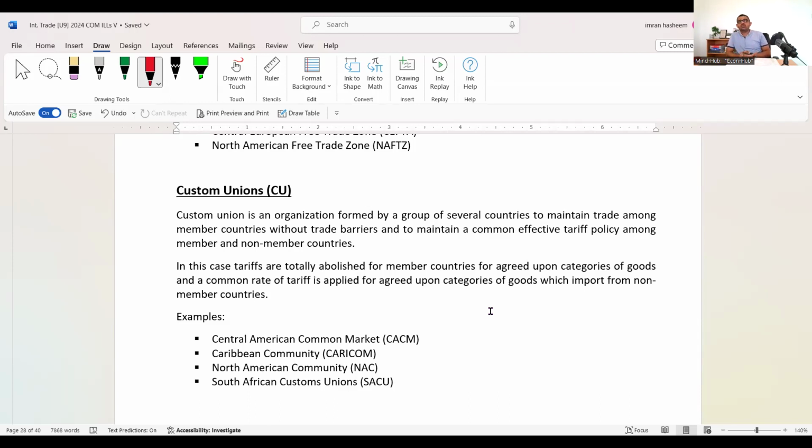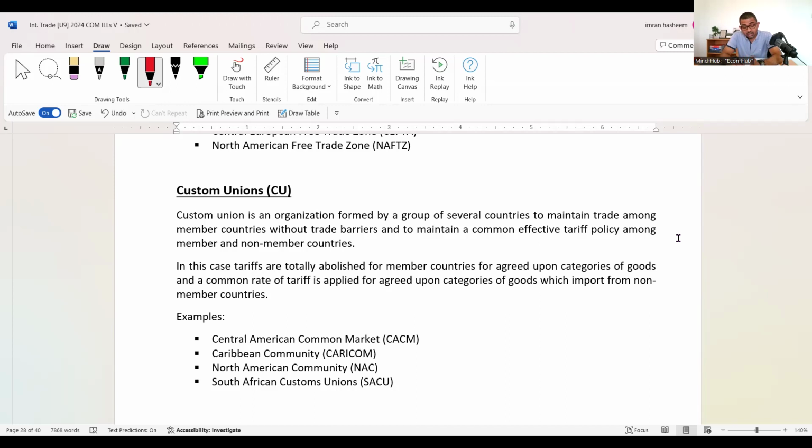We'll assume the customs union is formed between Sri Lanka, India, and Bangladesh. Then between India, Sri Lanka, and Bangladesh, when we engage in international trade, for most goods there are no tariffs, no taxes. Free trade is possible.